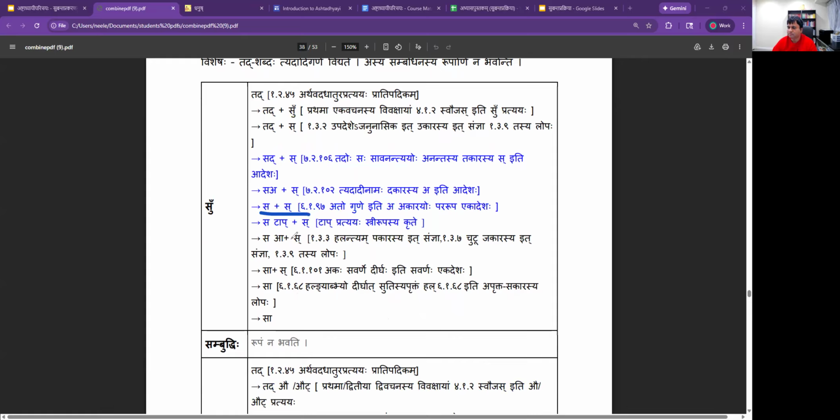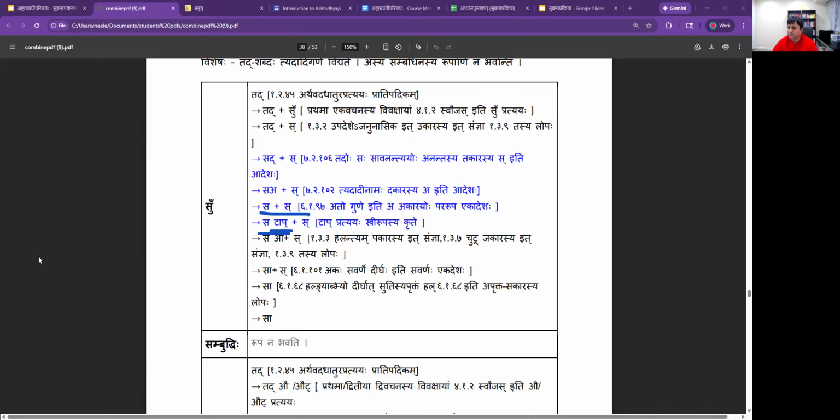Tasmat anantaram tap, since it has to be changed to the stri form. We are adding a tap pratyaya. I have not written the sutra over there. The important point is tap is only to be added when there is a hrasva akara. So we wait till we obtain a hrasva akara and then we add a tap. The sutram that we will learn will say that there will be a hrasva akara to add a tap pratyaya.